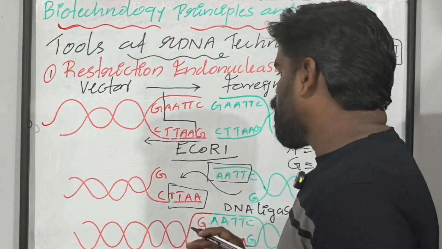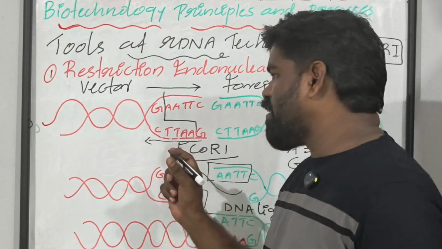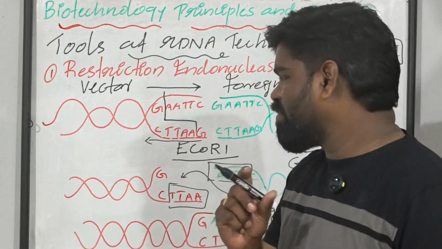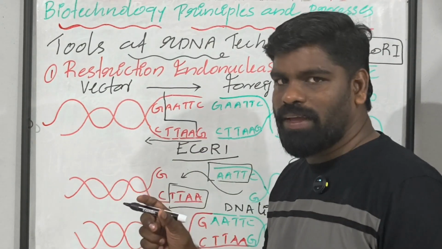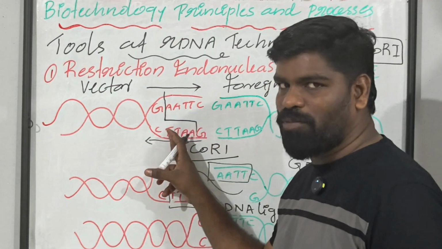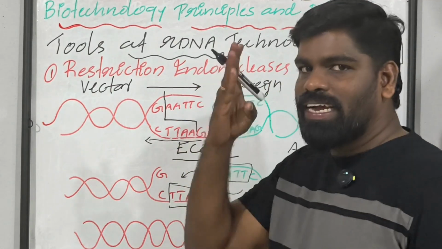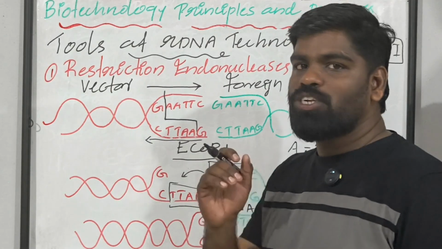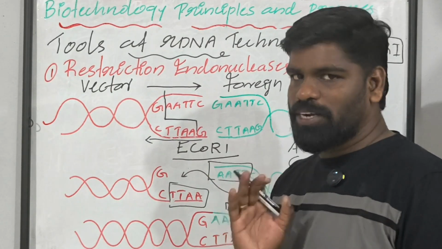Now, when we add a restriction endonuclease, it will inspect the length of the DNA, and once it identifies the specific palindromic sequence, it will cut it. They will cut the sugar phosphate backbone, keep that in your mind.